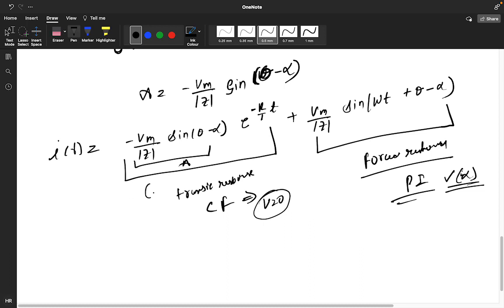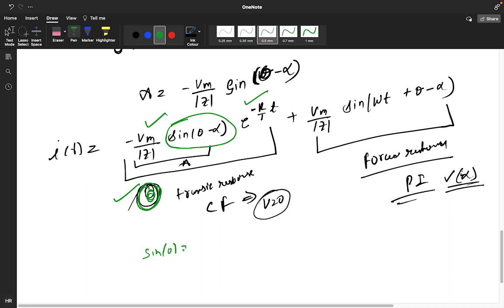This value must be 0. How is it possible? We have to make this value 0, and we know that sine 0 is 0.